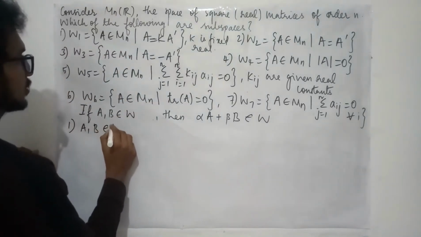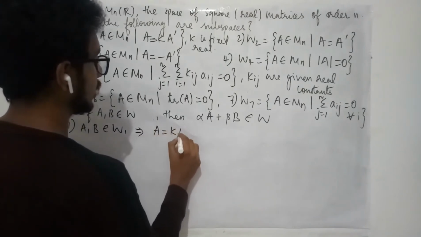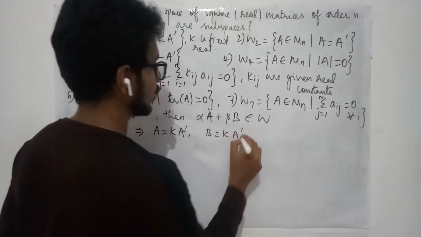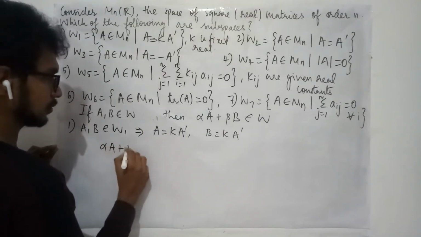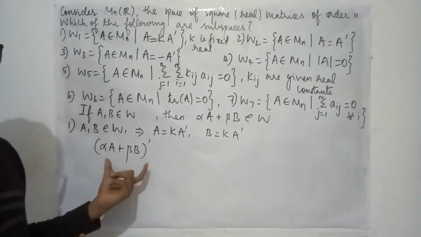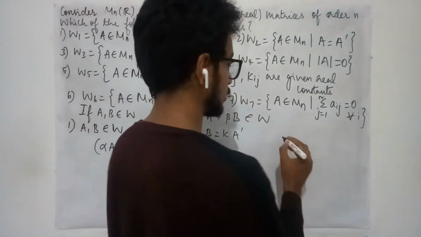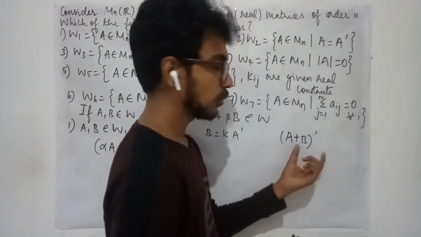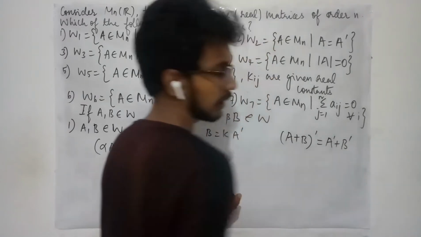Let us take A and B in W1, which means A is K times A transpose and B is K times B transpose. Consider that. We'll have to check this. Now, this is one of the properties of the transpose: if you add two matrices and then find the transpose, this is the same as finding the transpose and then adding.